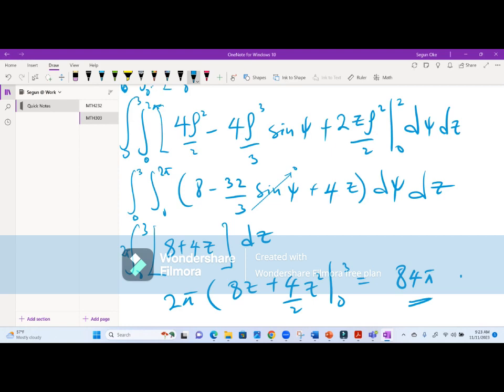So how did we arrive at 84 pi? When you substitute your value there, just substitute, add everything together, and let's see. Remember, you have 2 pi outside to multiply.